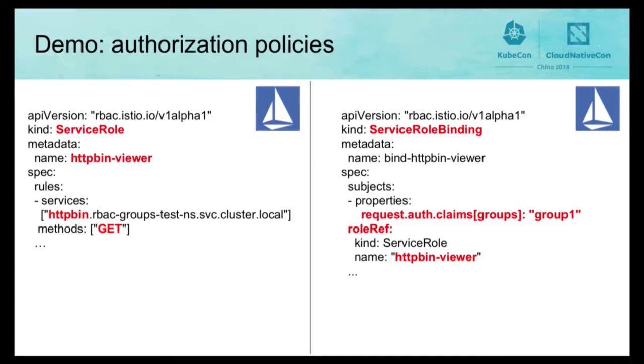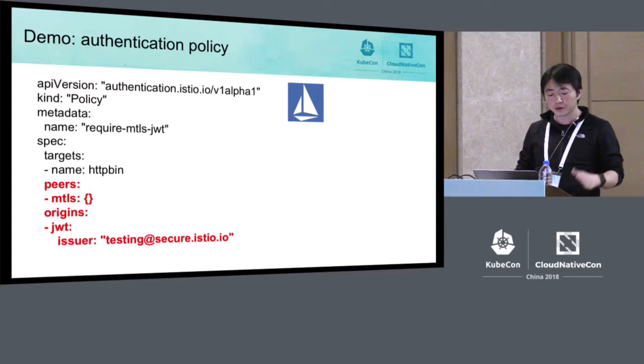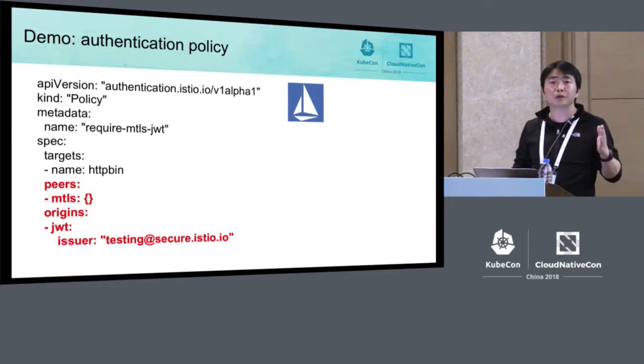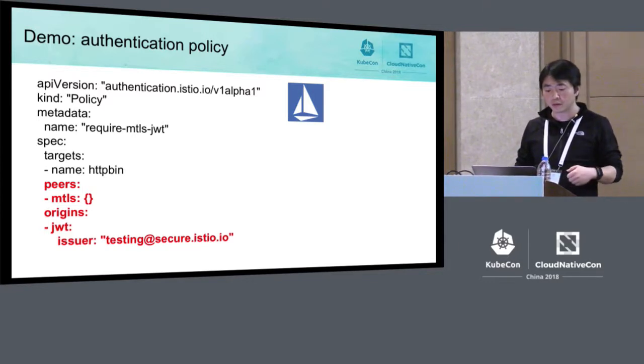And in the demo, we also define the authentication policy. To encrypt the channel, we deploy a mutual TLS policy as the authentication policy. At the same time, we require the end user to present a valid JWT in order to access the service.